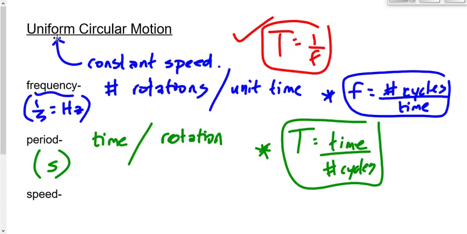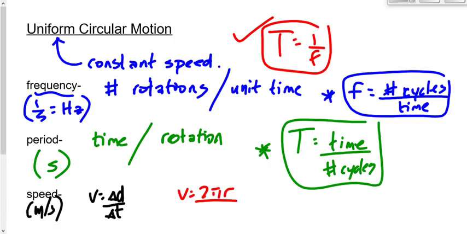Finally, speed, of course, measured in meters per second. We're talking about a constant speed here because the object is going around in a circle in uniform circular motion. We'll say that V at a constant speed is d over t, but we replace d with the distance for one complete rotation or revolution, and that would be the circumference of the circle, 2 pi r, divided by T, the time for one complete rotation, which would be the period.